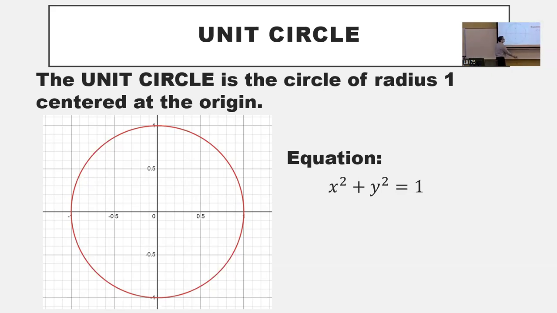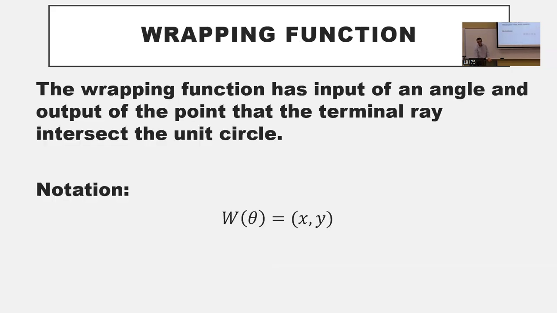Now, what we're going to do is associate a point on the unit circle with an angle, and that angle is going to be such that the terminal ray of that angle intersects the circle at the point (x, y).